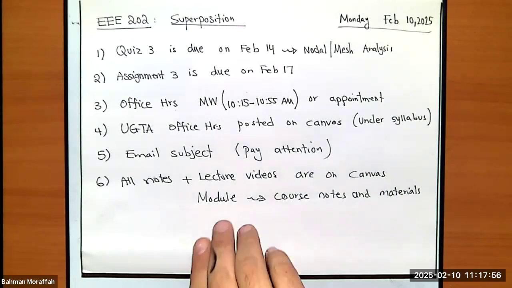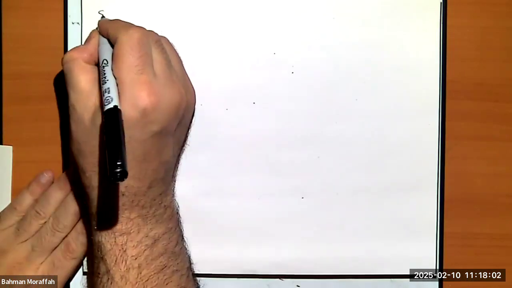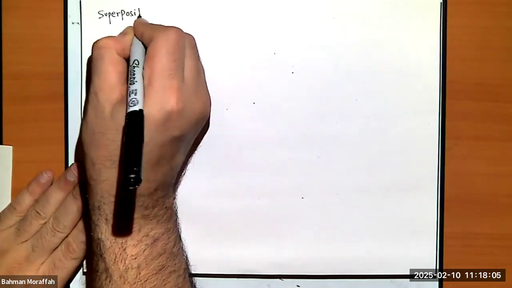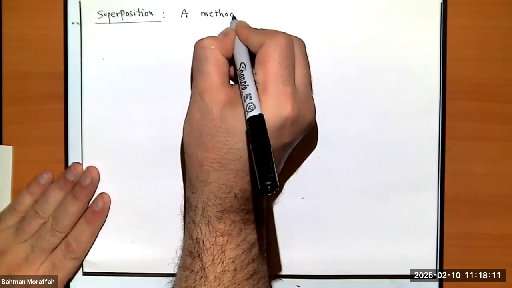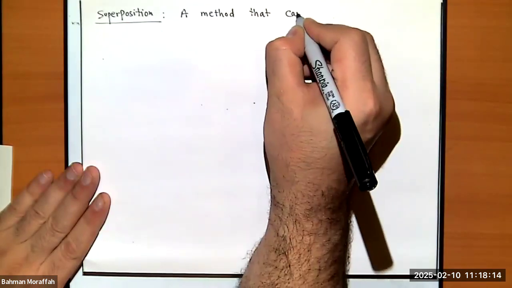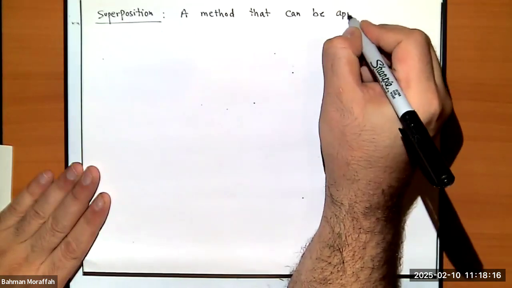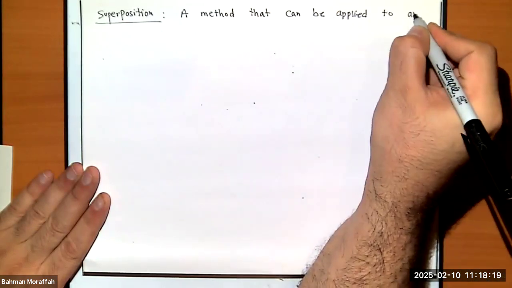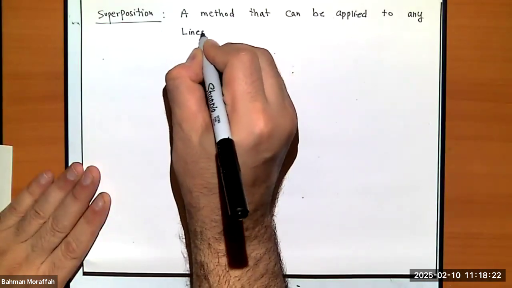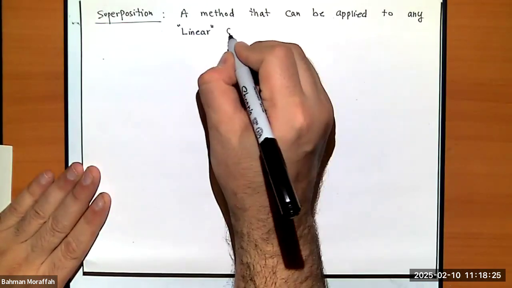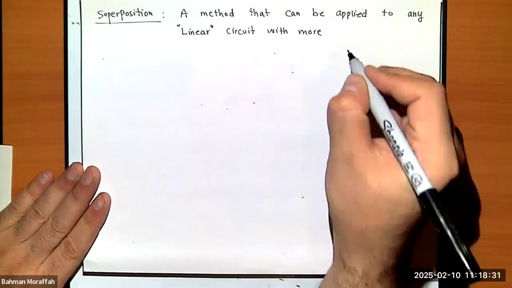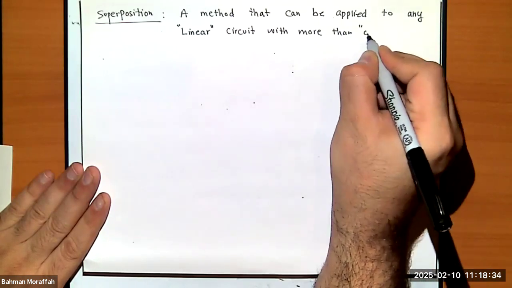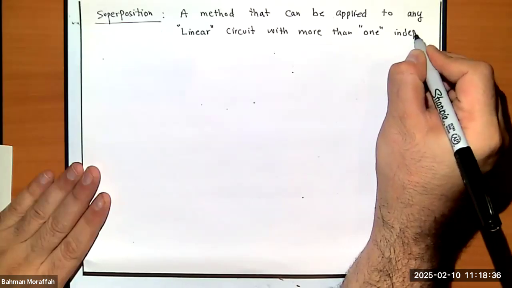Okay? So let me quickly write down the definition. Superposition is a method that can be applied to any linear circuit with more than one independent source.